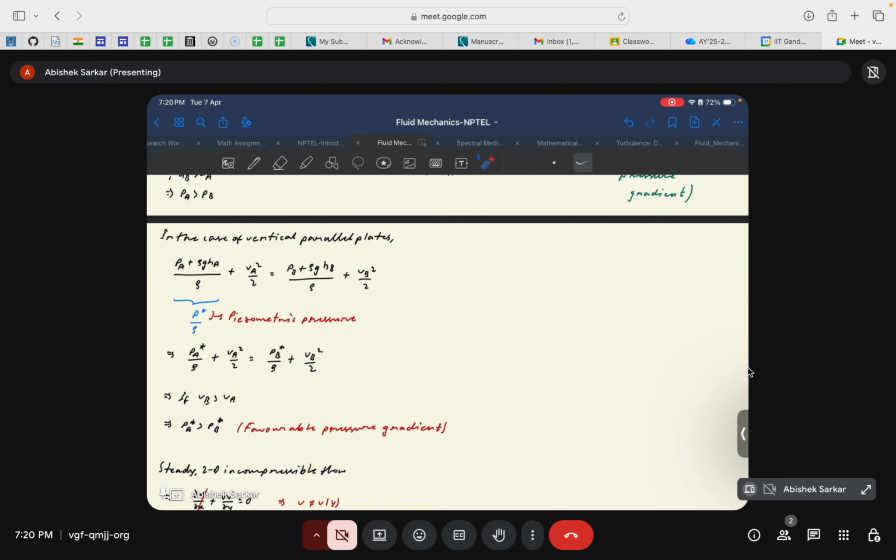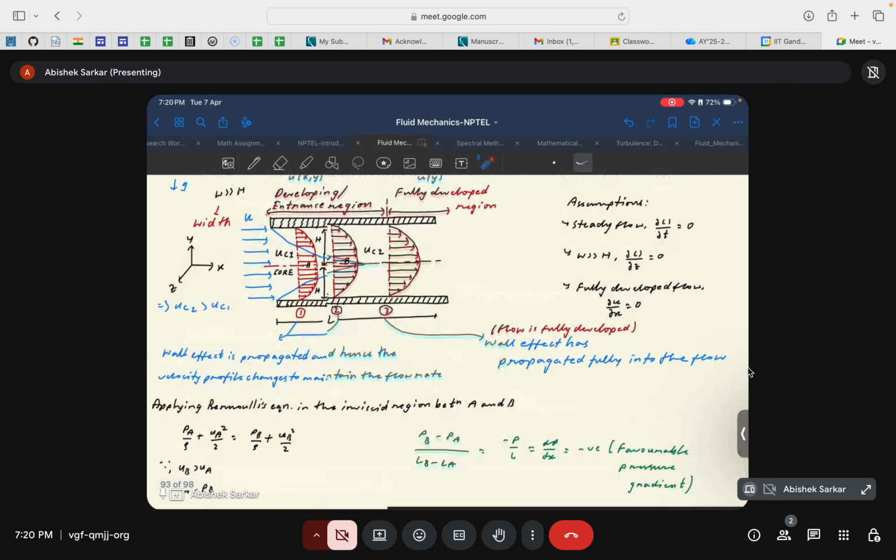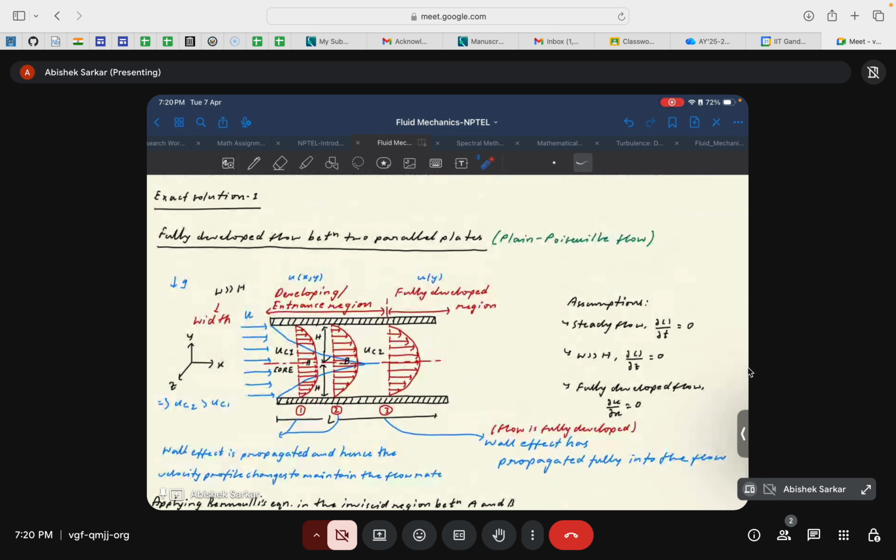So let us now look into the assumptions that we take while deriving this exact solution. While deriving these exact solutions, all the examiners tend to very much emphasize the assumptions taken by the students. Why? Because these assumptions are not something you write beforehand to make your answer longer or look more knowledgeable.